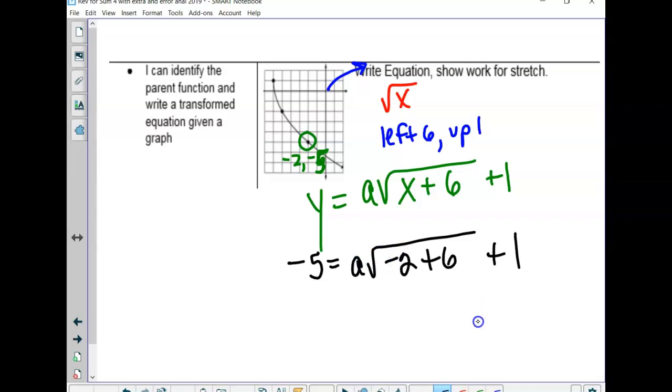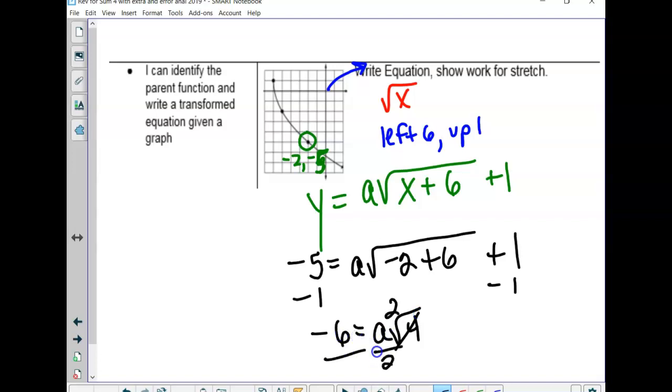What is someone going to do? They're going to try to put the plus 1 together with this square root, right? They can't. You can subtract the 1 over here right away and get -6. Inside here we get 4, and what is the square root of 4? So we have 2a equals -6.